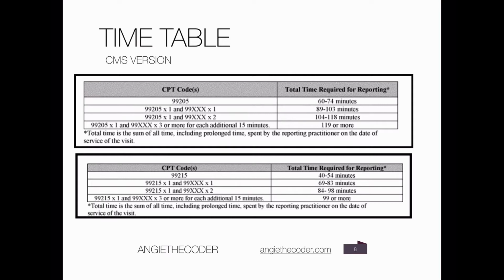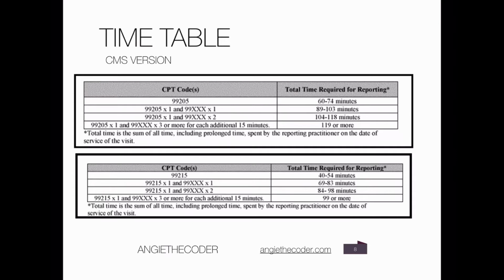If you want to go take a look at that document, it's like 1400 or 1500 pages long, but this timetable is in there. And as you can see, the AMA was a lot more generous. CMS, they're not playing. They're doing more like what we would expect. If you see right here, 99205, the range is 60 to 74 minutes, which it is in CPT as well. And the range for 99205 plus 1 unit of 99XXX, so 1 unit of prolonged service, they start with 89 minutes.